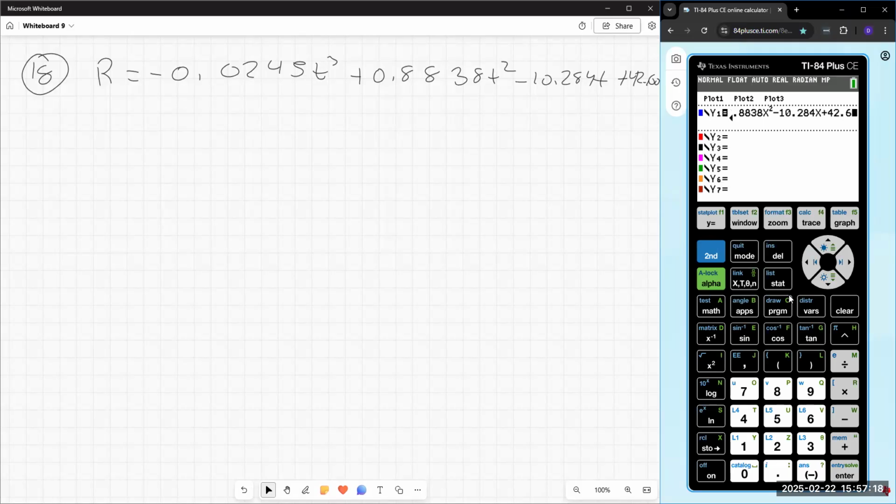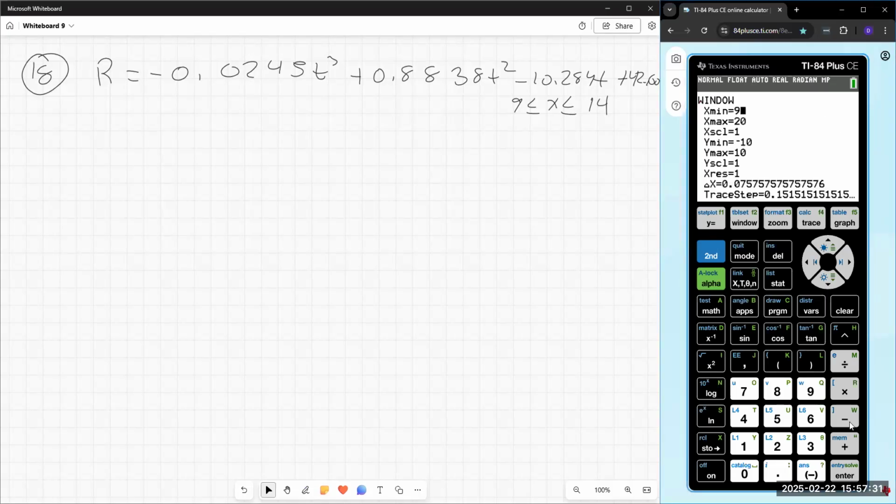And I already looked at this. 9 and 14 is where I want my graph to be.